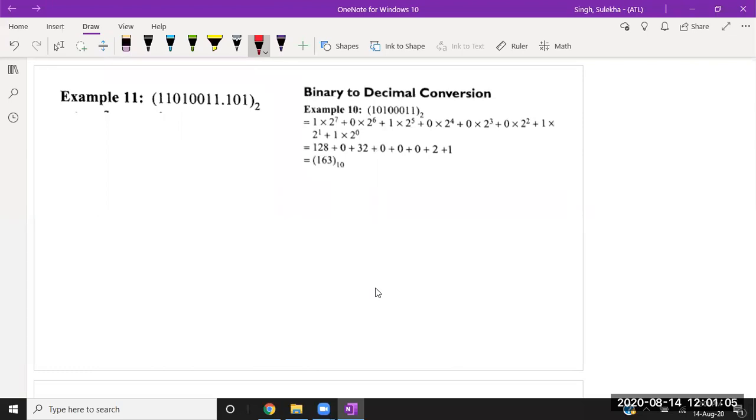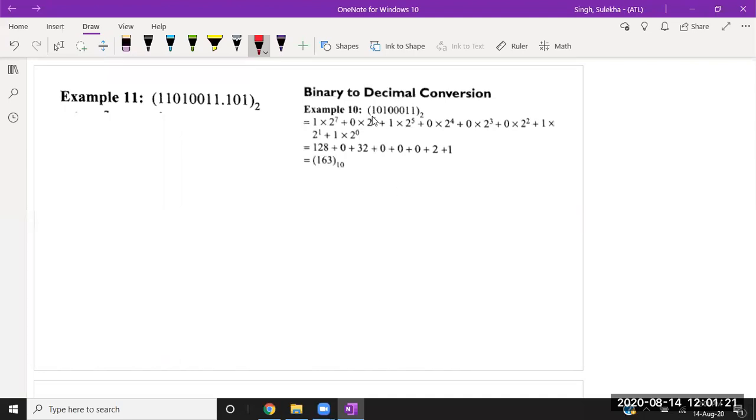Now we have already seen in the previous lecture the conversion of a binary number to any other base. We will take one example from binary to decimal number system conversion.